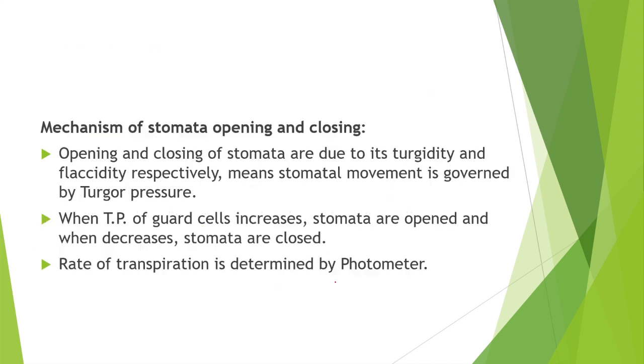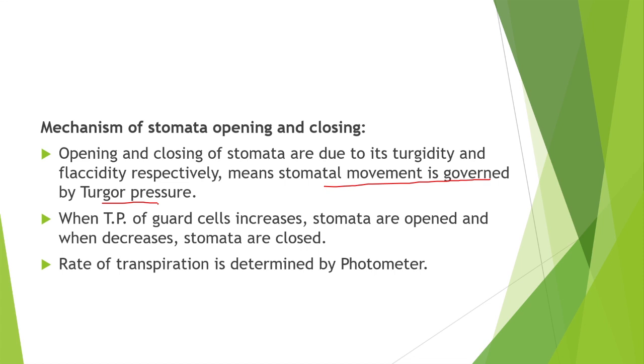Next topic is the mechanism of stomatal opening and closing. Opening and closing of stomata are due to turgidity and flaccidity respectively. When the cell is turgid, opening of stomata occurs, and when the cell is in flaccid condition, stomata become closed. It means that stomatal movement is governed by turgor pressure.